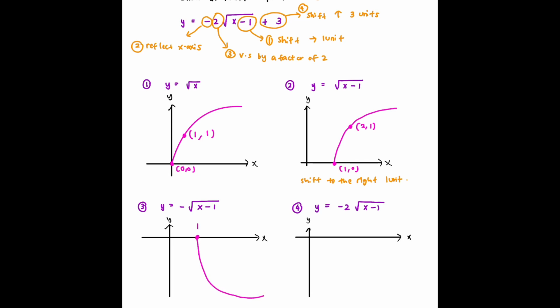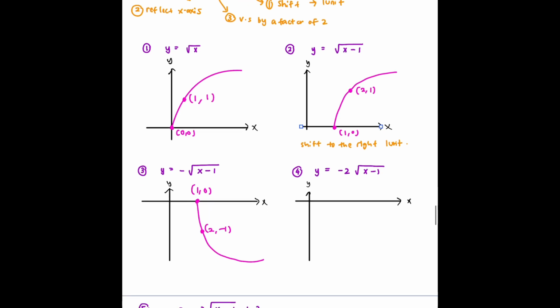Point on the x-axis remain 1, 0. 2, 1 become 2, negative 1. So y coordinate will reflect. And then your explanation here is what? Reflect about x-axis.